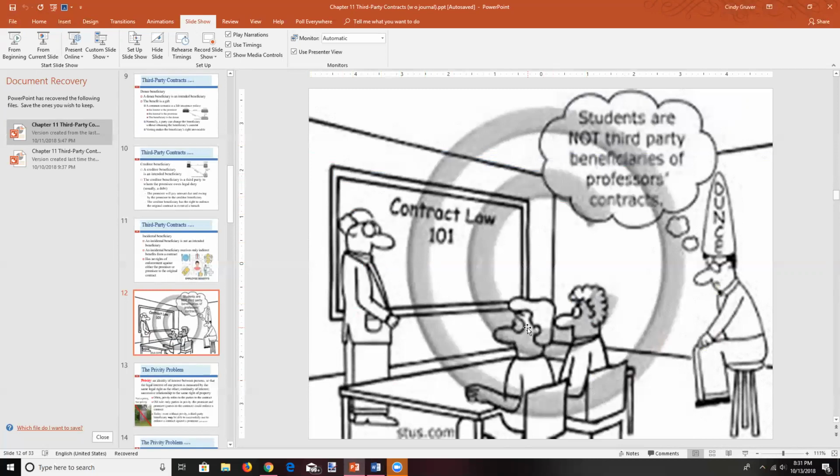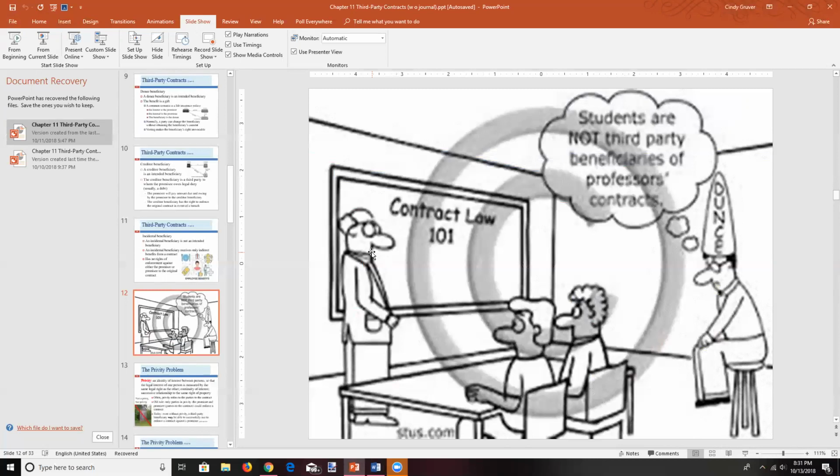So you can't sue Collin College, or you can't sue me, for failing to satisfy my contractual terms with Collin College and say, well, you contracted with Collin College to be a good contracts instructor and you were really awful, and so we're going to sue you for breach. No, you're an incidental beneficiary.